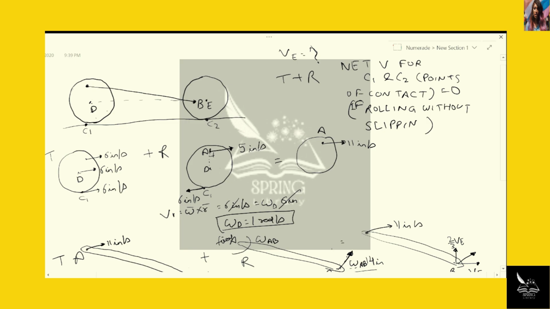So this is A, and AB is 14 and AD is 5. So this is going to be the square root of 14 squared minus 5 squared. 14 squared is 196, minus 25, which is 171.